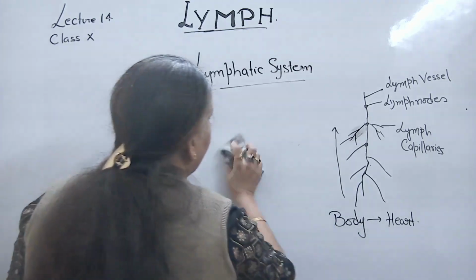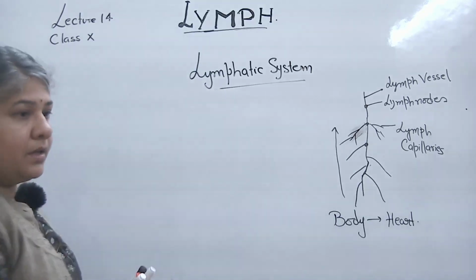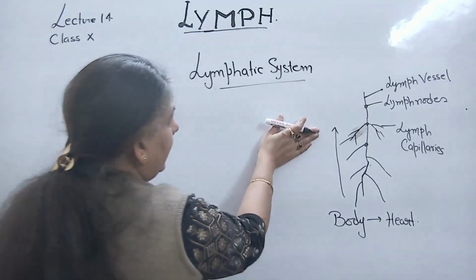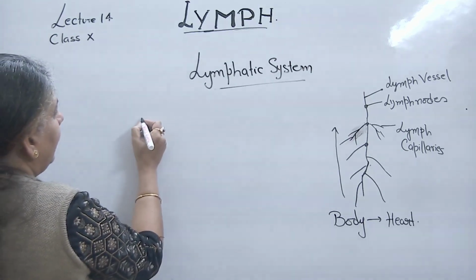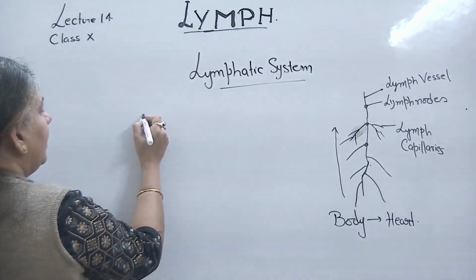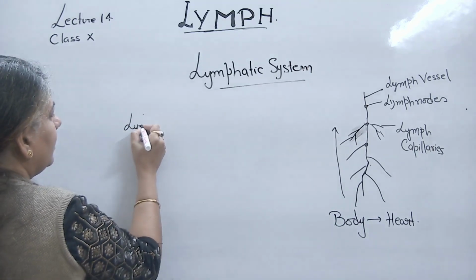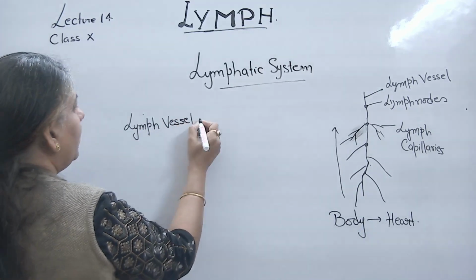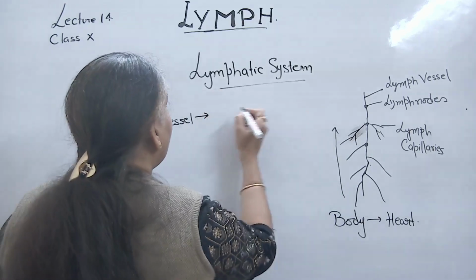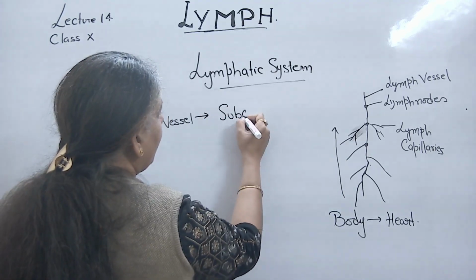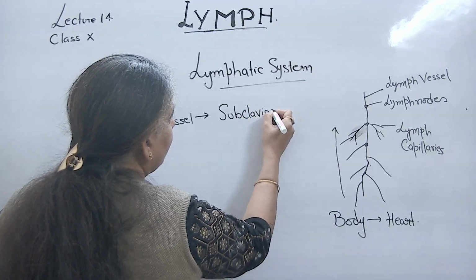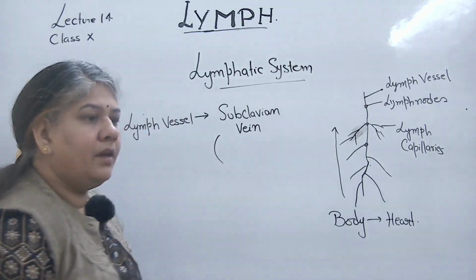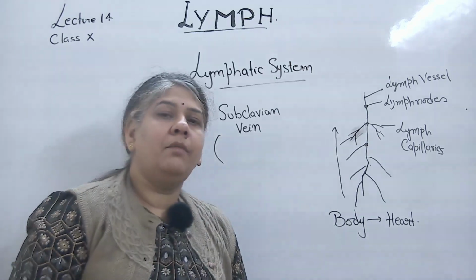See, I'll make it simple to understand. All the lymph is collected and it is poured into the large vein. So the lymph vessel will pour the lymph into a large vein, which is called subclavian vein. Subclavian vein is a vein which is present below the collarbone.